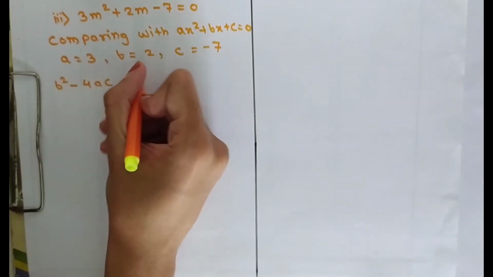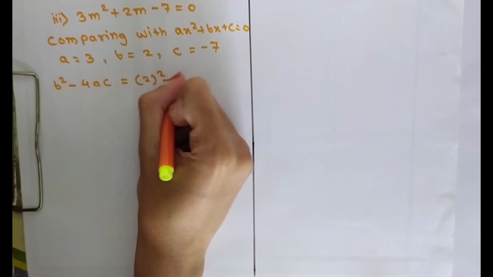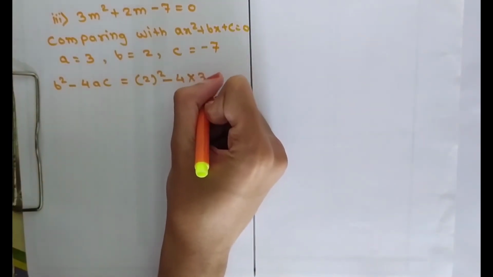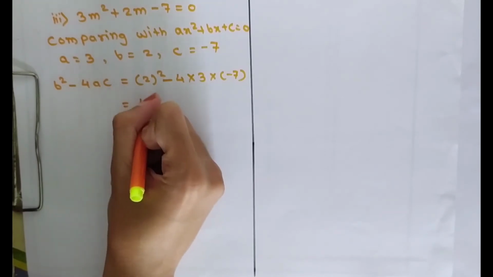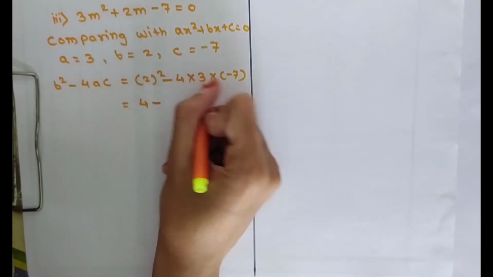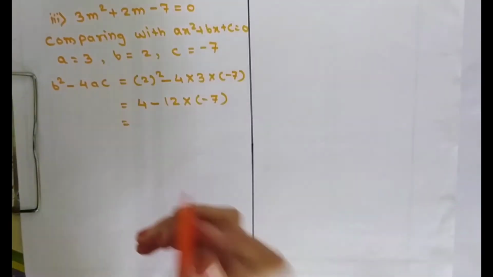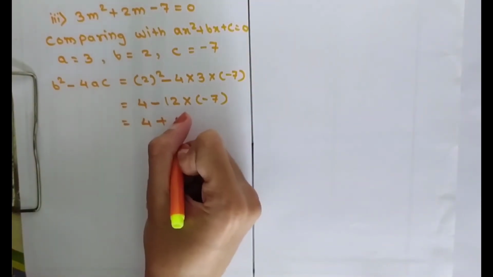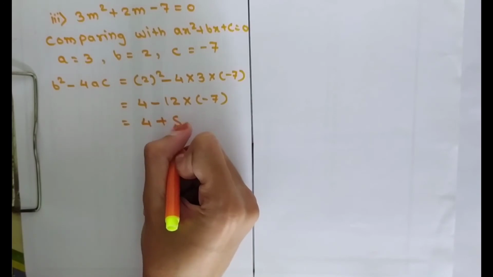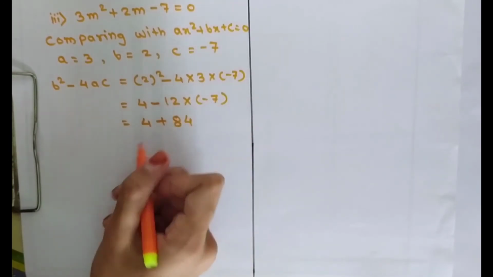So b square is 2 square minus 4 multiplied by 3 multiplied by minus 7. So 2 square is 4 minus 4 3s are 12 into minus 7. Therefore 4 plus 12 sevens are 84, and that minus minus is plus.